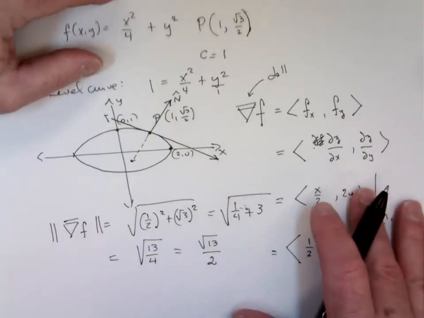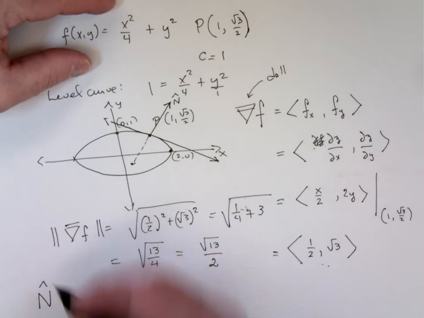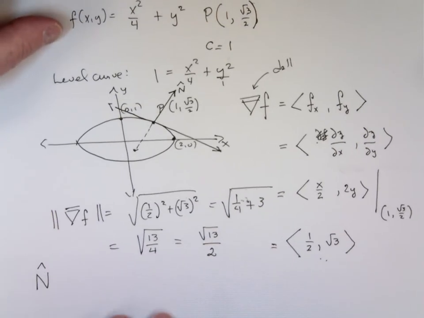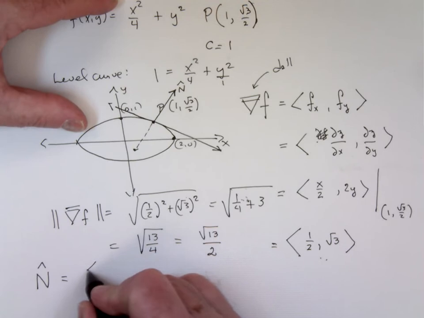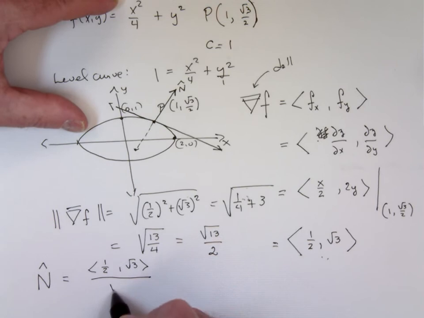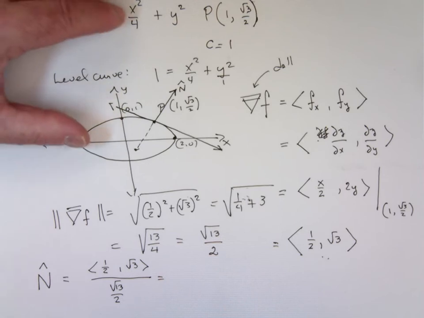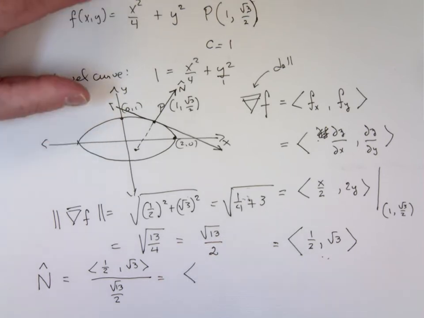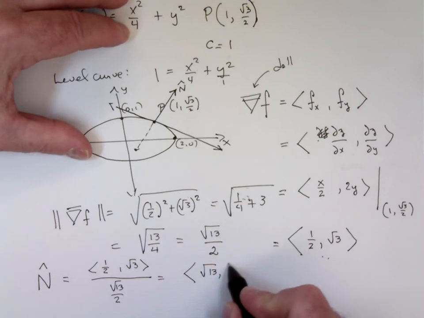So here we go. The unit vector that they're looking for, I'm going to call it n with a hat, meaning a unit vector, even though it's not our principal unit normal vector, which is pointing in the other direction, is going to be equal to 1/2 square root of 3 divided by the square root of 13 over 2, which is equal to square root of 13, the 2's cancel out there, and this one is going to be 2 square roots of 3 over the square root of 13 right now.